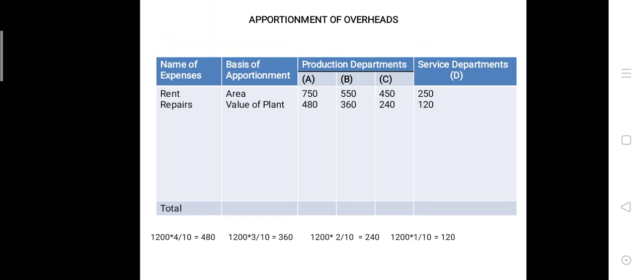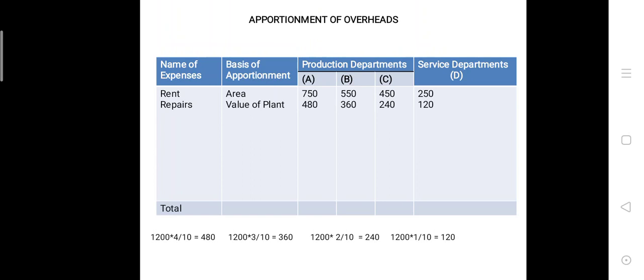Similar way, the next expenditure, repairs. Here we are taking the basis of apportionment as value of plant. The value of plant is 24,000 is to 18,000 is to 12,000 is to 6,000. If you cut all the 3 zeros, that comes to 24 is to 18 is to 12 is to 6.